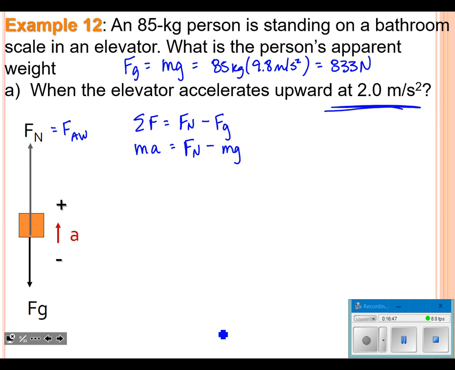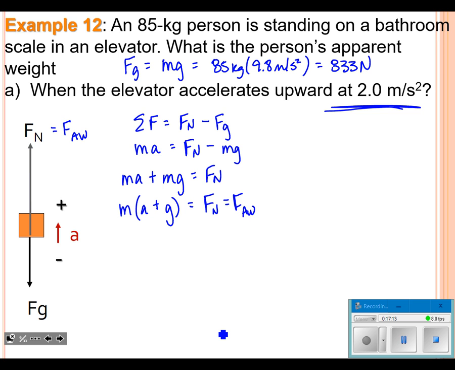Okay, so I know my mass is 85 kilograms. Actually, let me rearrange the equation first, and then I'll do that. So then I have mass times acceleration plus mass times gravity equals my normal force. If I factor out my mass, then it's just acceleration plus gravity, which equals my F of n, which also equals my apparent weight.